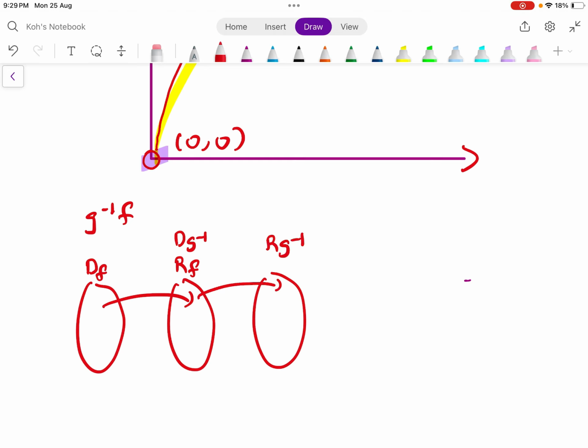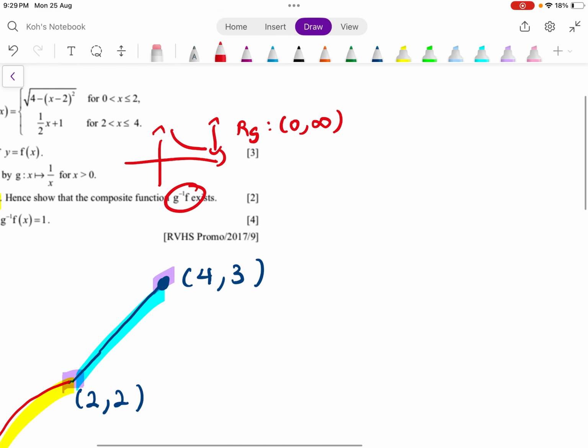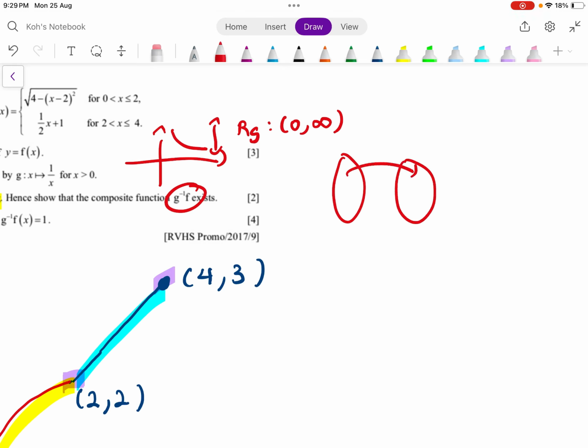So we just need to ensure that the range of f will be a subset of domain of g inverse. Because we already know what is the range of g, if you remember, it is this. So this will be your domain of g, range of g, and then this will be your domain of g inverse, and this is your range of g inverse.